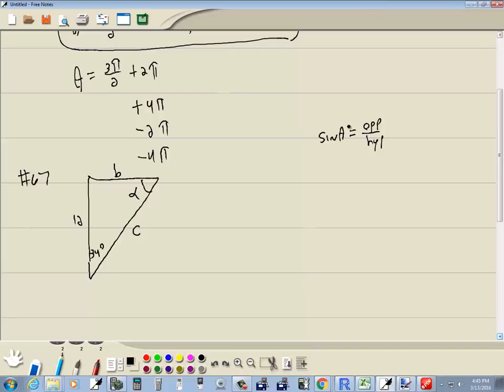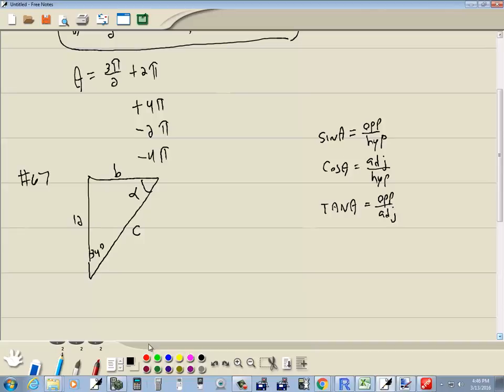Yeah, it'll go back to that. Okay, and then cosine is equal to adjacent over our hypotenuse, and then tangent is equal to opposite over adjacent.